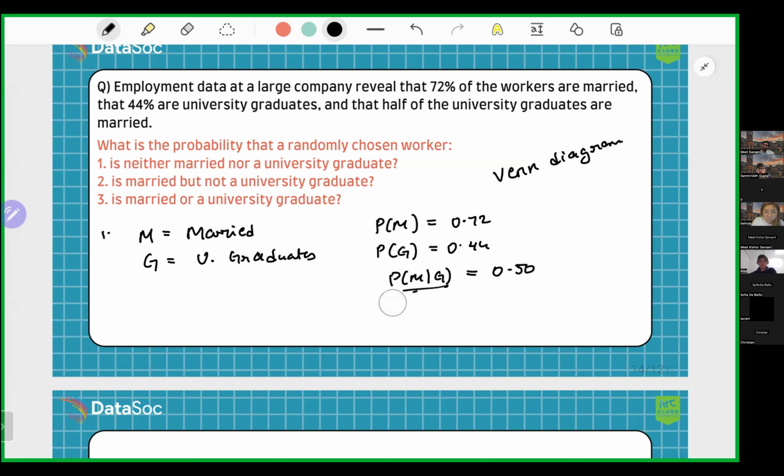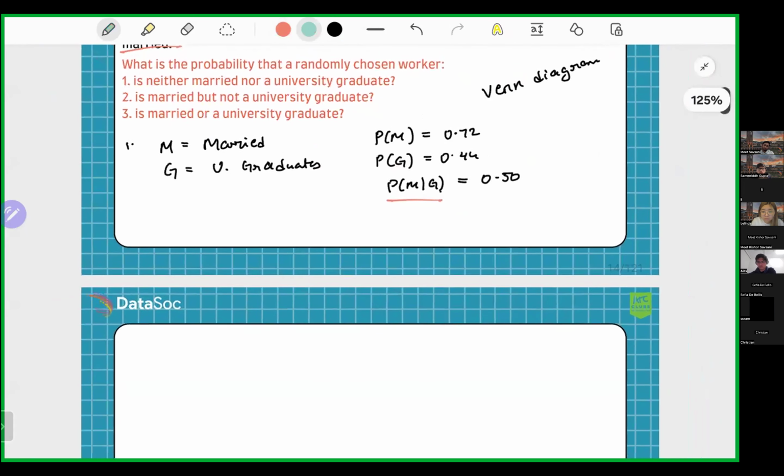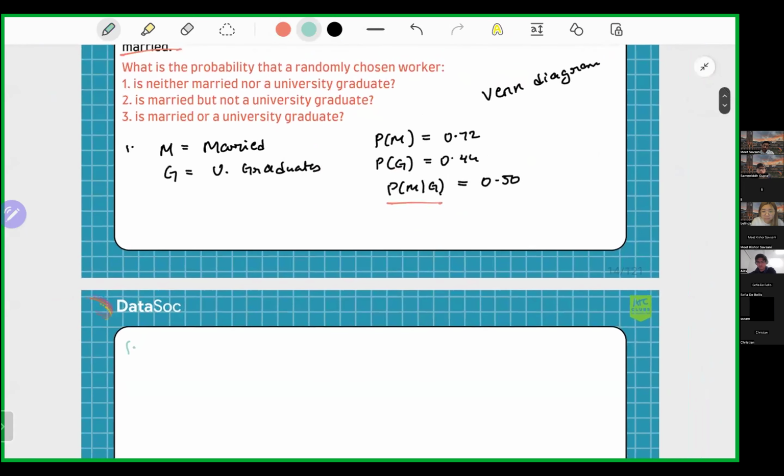Probability of the person being married given that he is a university graduate, because we know that half of the university graduates are married. First question, is neither married nor university graduate. Make sure to get acclimatized with the complement thing.